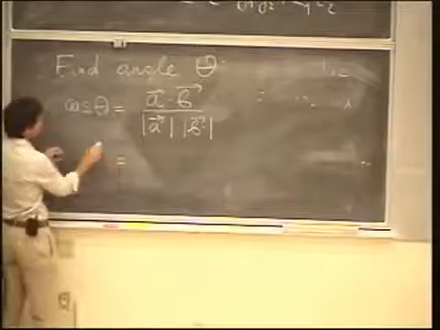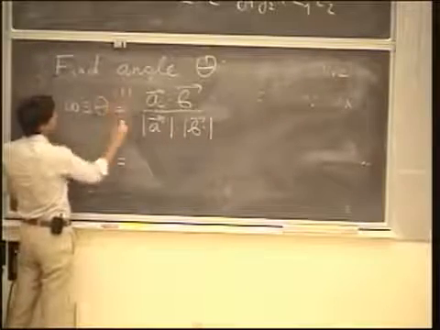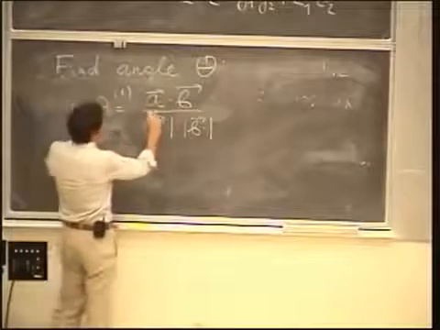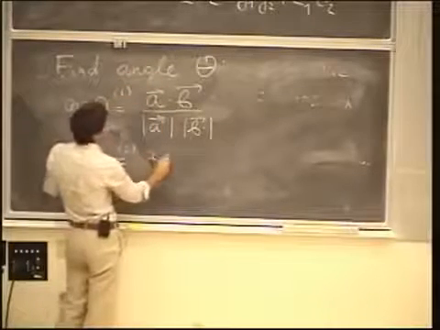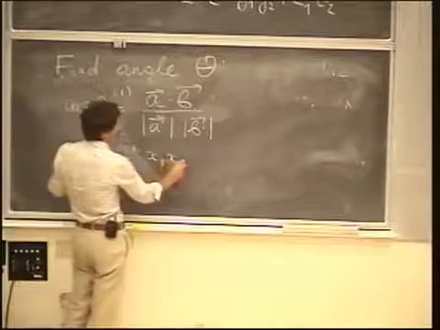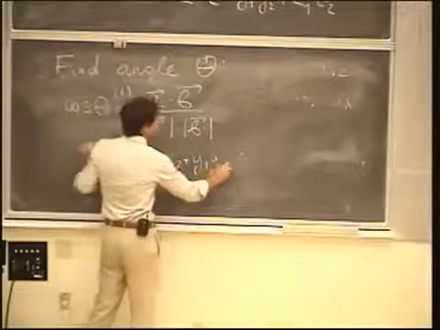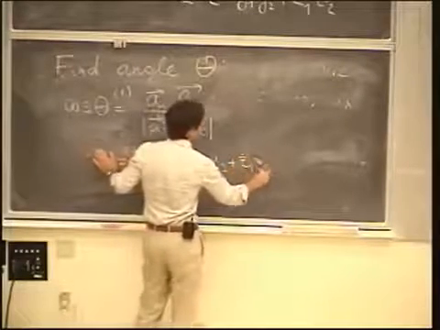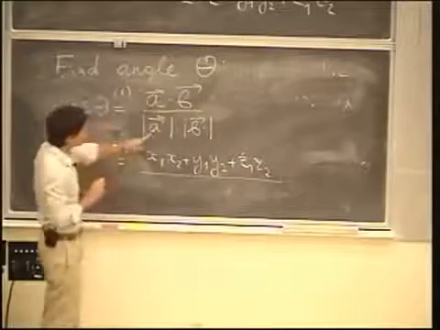And now we use the second formula. So this is the first formula. And now we use the second one to write this in the second form, x1 x2 plus y1 y2 plus z1 z2, divided by the lengths.